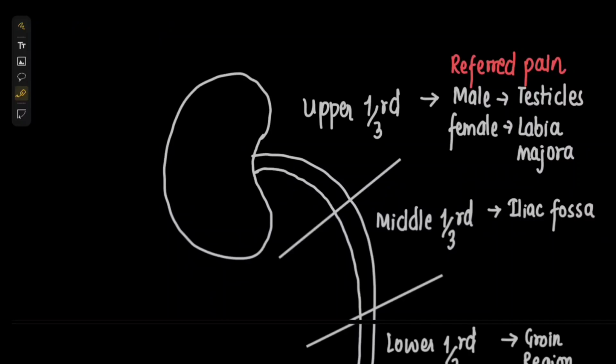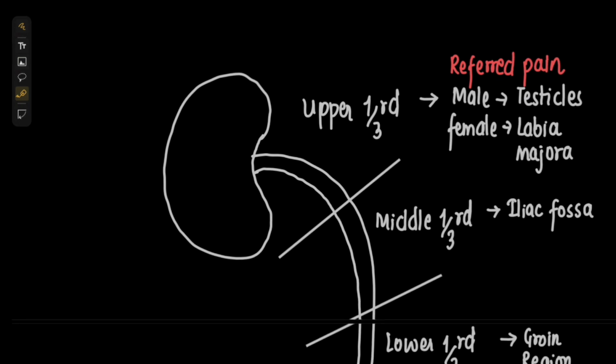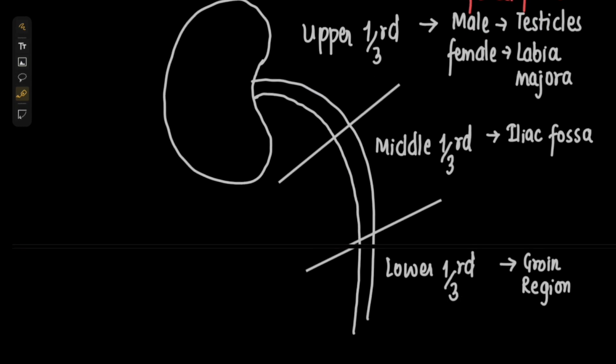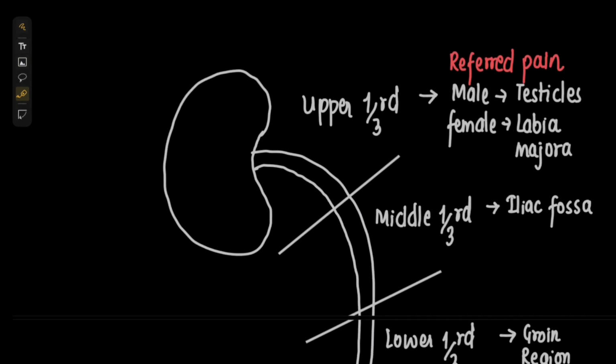Since the ureter develops from different sources, it also has a different nerve supply, and due to the different nerve supply, if the stone is lodged in a different area of the ureter, then referred pain occurs in different parts of your body.